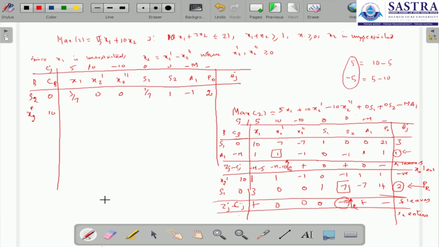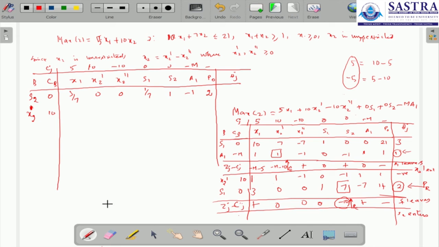Now I have to make this entry 0. That is S2, X2 dash intersection. X2 dash is this, S2 is this element, intersection to be 0. So what I need to do is simple addition, minus 1 plus 1 will be 0.